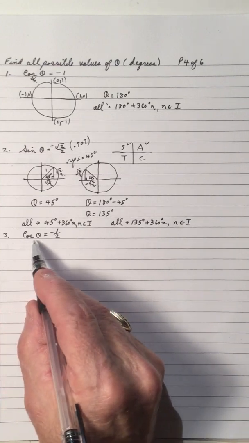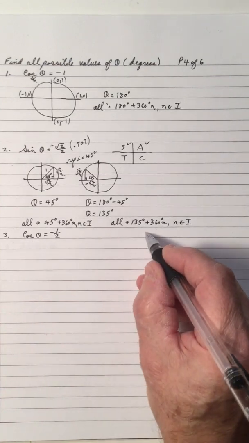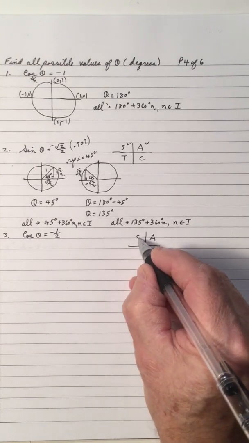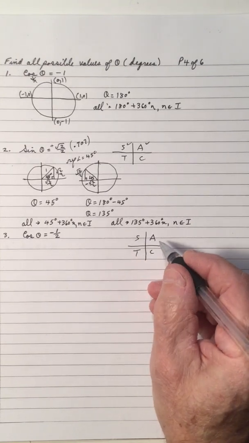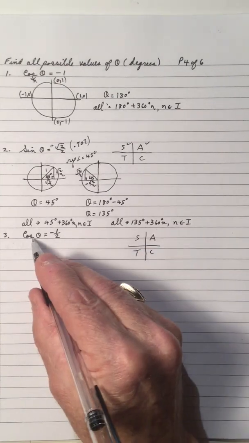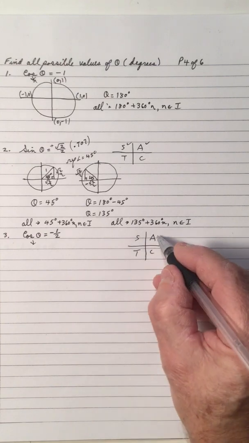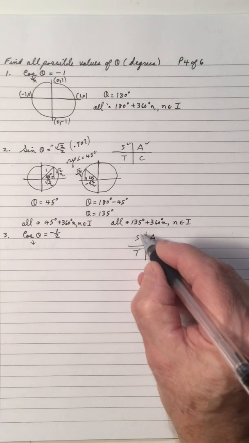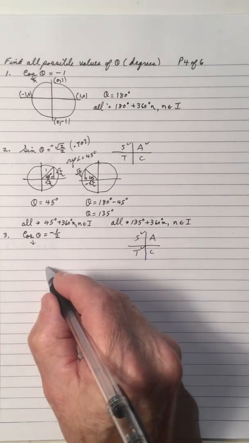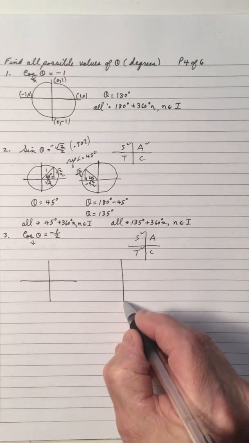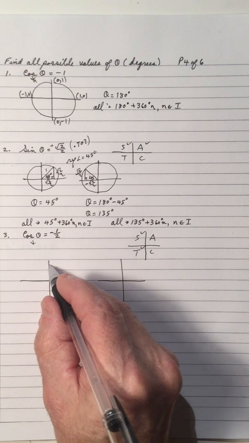Number 3, cos is -1/2. And let's see, we have add sugar to coffee. And cos is the x. So cos is positive in 1 and 4, so it's negative in 2 and 3.